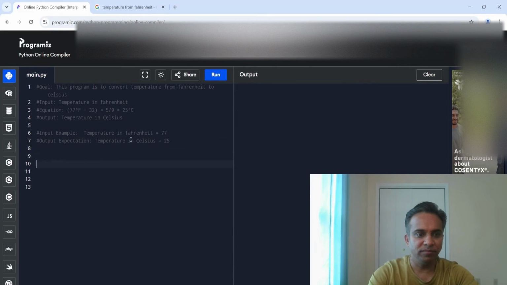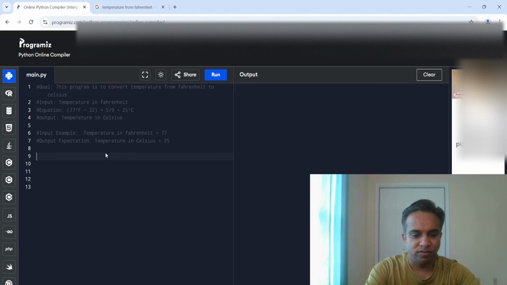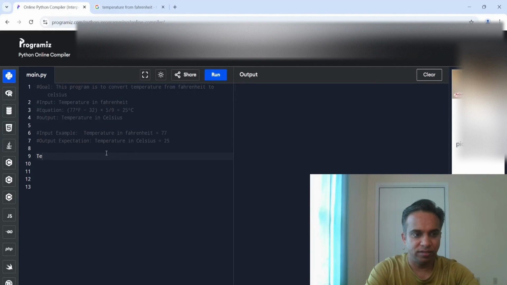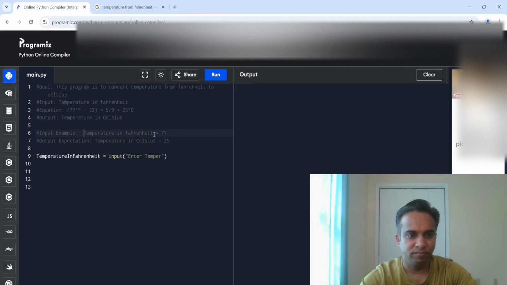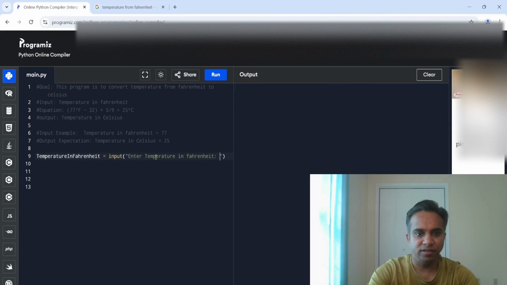Let us write the program. So first is temperature in Fahrenheit equal to input, enter temperature in Fahrenheit.